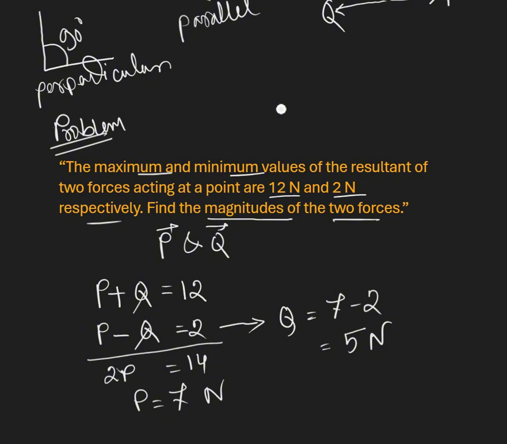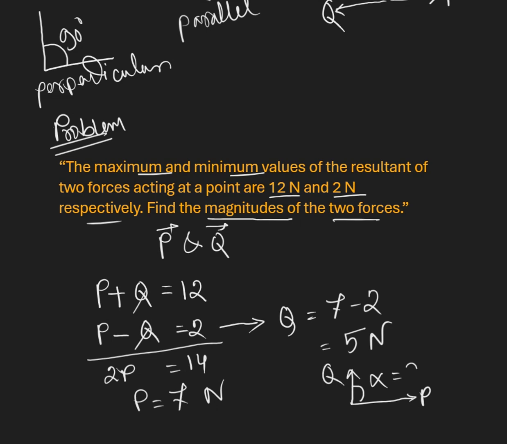Now if you ask me the direction of the resultant, if we would like to calculate the direction of the resultant, we have to have a value of the angle between these two vectors. It means we have to know the value of the angle alpha, and let's say this is P, which is 7, and this is Q, which is 5.